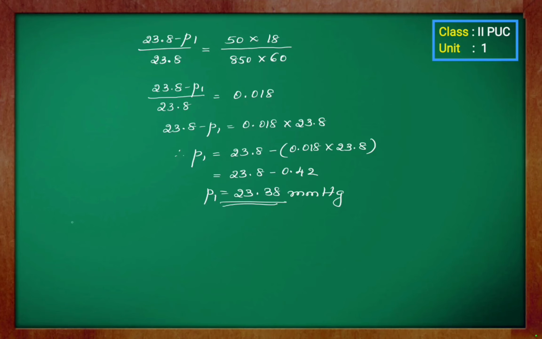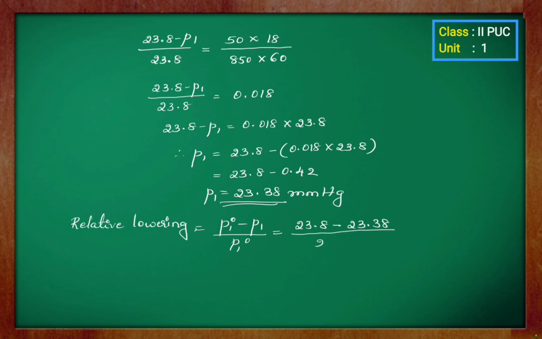They have also asked us to calculate the relative lowering in the vapor pressure. So this relative lowering is given by the expression on the left hand side of Raoult's law, which is equal to P1 naught minus P1 divided by P1 naught. So this is equal to P1 naught is 23.8 minus P1 we have just now calculated, 23.38, divided by P1 naught, which is 23.8.